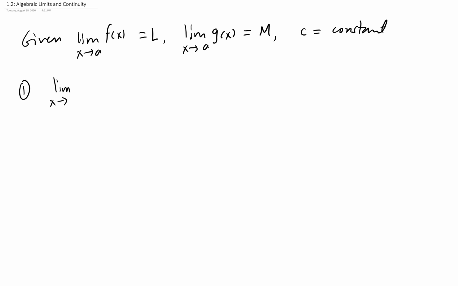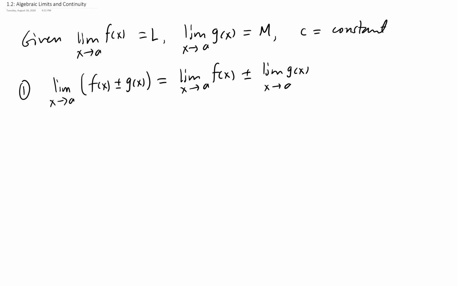The limit as x approaches a of the sum or difference is the sum of the limits or the difference of the limits. So the limit of the sum is the sum of the limits. The limit of the difference is the difference of the limits.